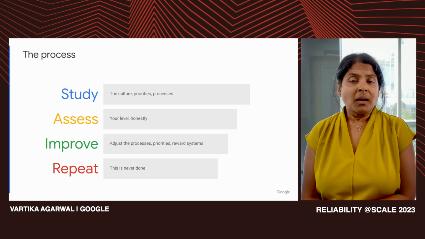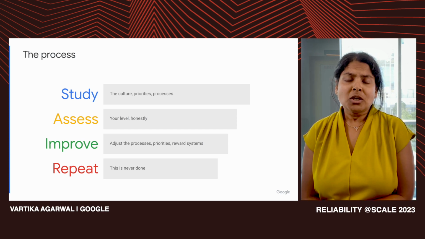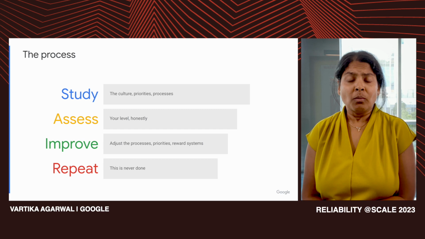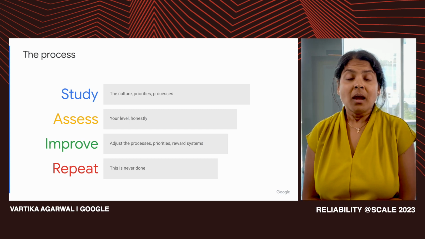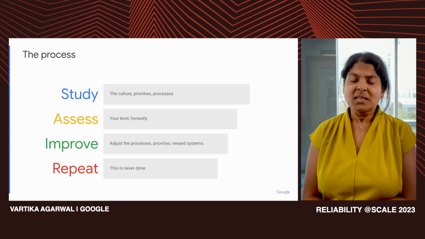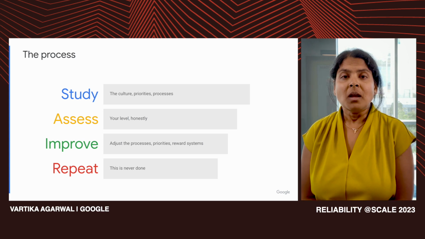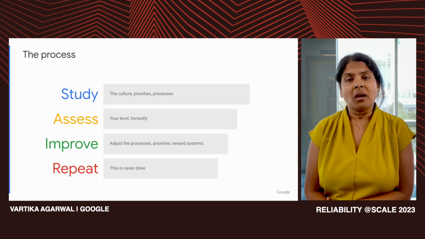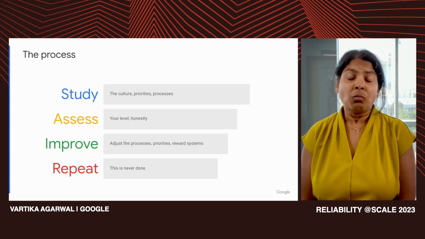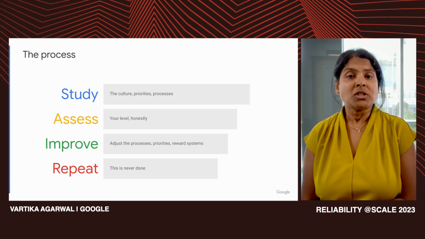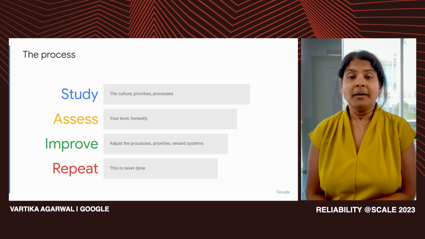Again, please keep in mind that even changing one nine in the SLO may require a lot of cost, and the organization may not be incentivized for that investment. So it's very important to understand where you are on that curve and where you would like to be and how much effort you're willing to put in for that.